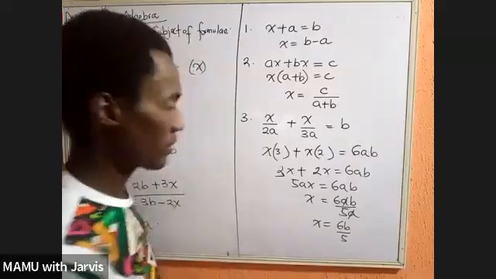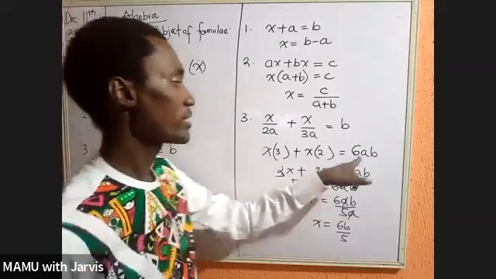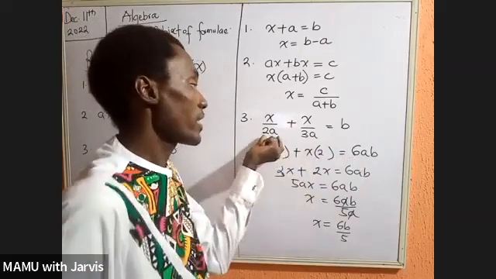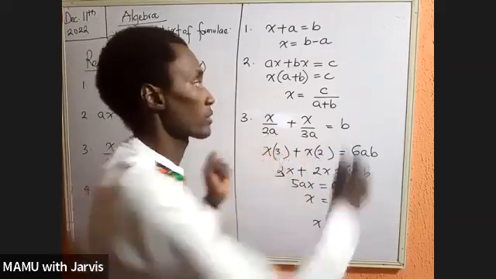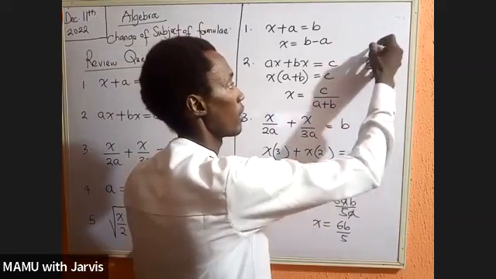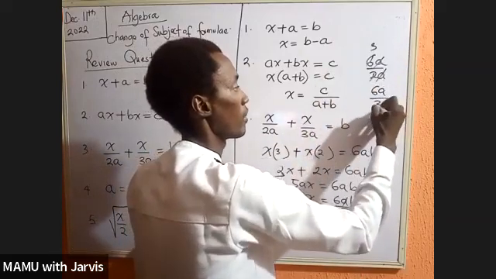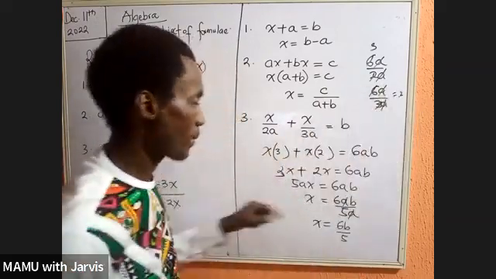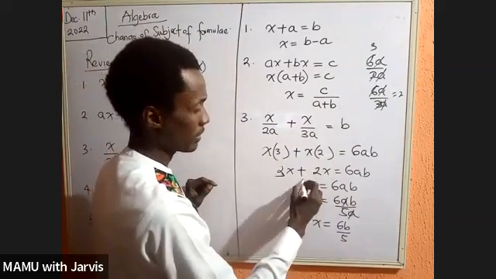That's the reason I didn't get it, because the LCM is 6ab. If 6a is applied here, I'm going to have 3 left. So that's what has happened here. So I didn't apply that.